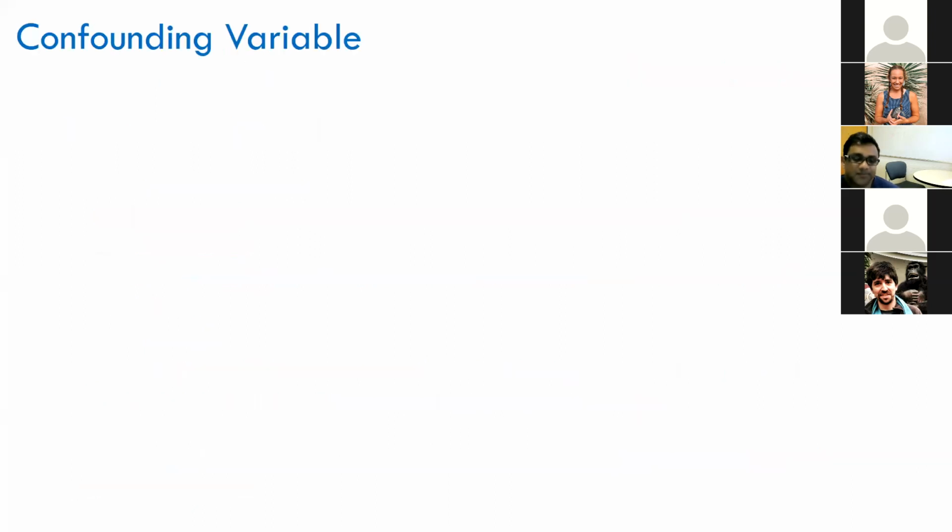There's another type of variable which we usually don't talk about, but when we see an experiment, we can see this variable more often, and students usually don't even consider it. This is called a confounding variable.